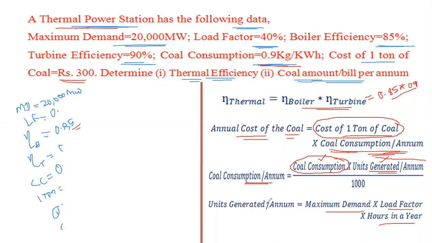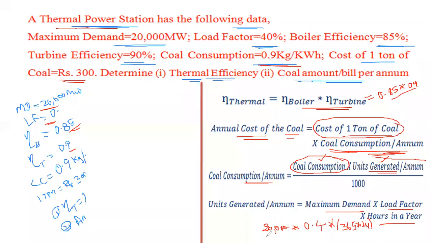Now the maximum demand in the problem is how much? 20,000 megawatt. That is 20,000 megawatt into load factor, which is how much? 40%, that is 0.4, into hours in a year. Per year 365 days, per day 24 hours.